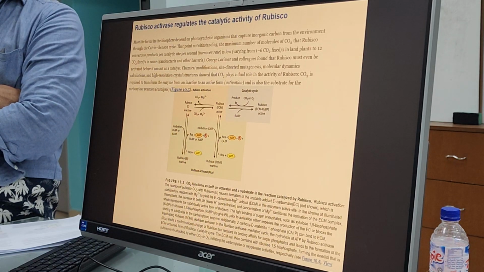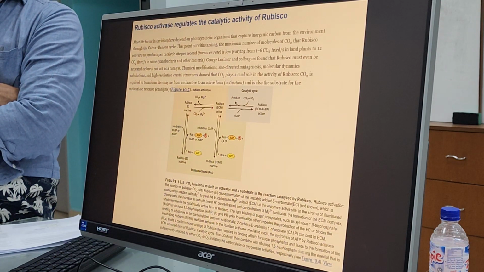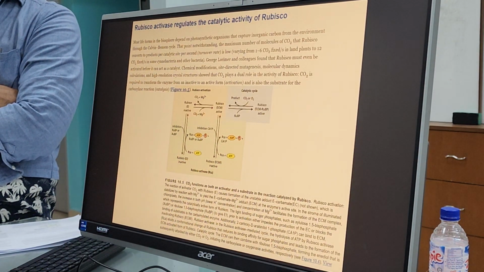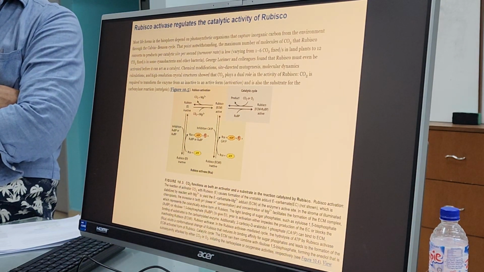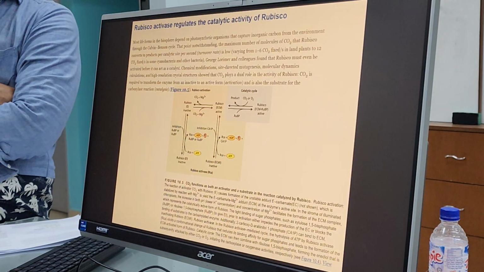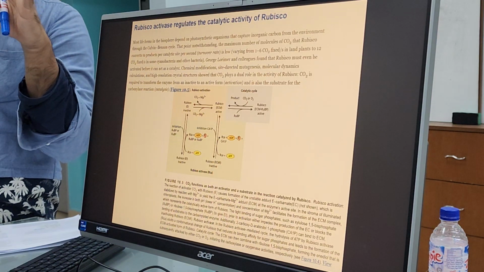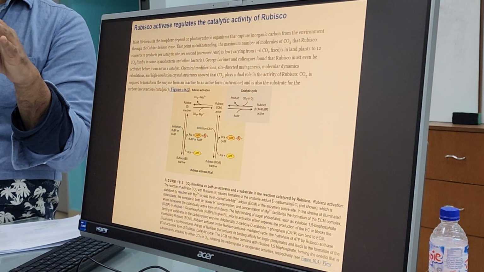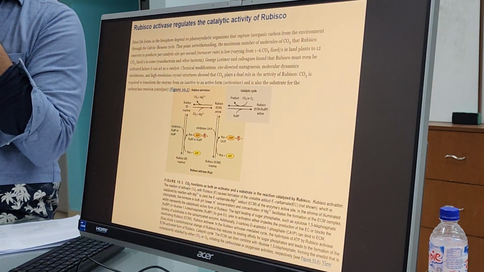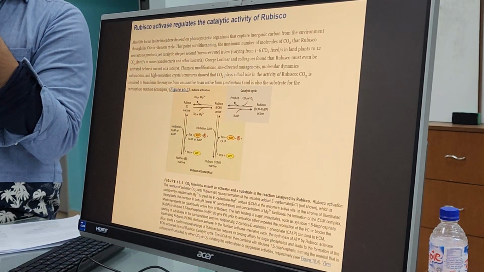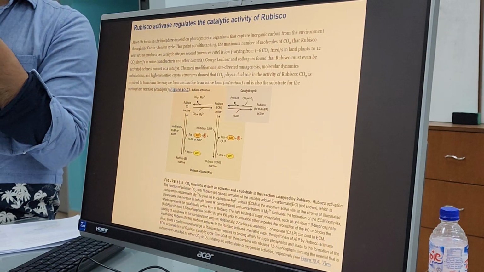Rubisco gets carbamylated, high pH, then only the RuBP comes, CO2 comes, and you'll get your activation of Rubisco. Okay. So can it be just the Rubisco attached to CO2 without any sugar attached to it? Actually, if you remember from this morning, I said the CO2 is not the only thing competing to fuse with Rubisco. What else is competing? Oxygen. If the pH is not right, oxygen will prevail.